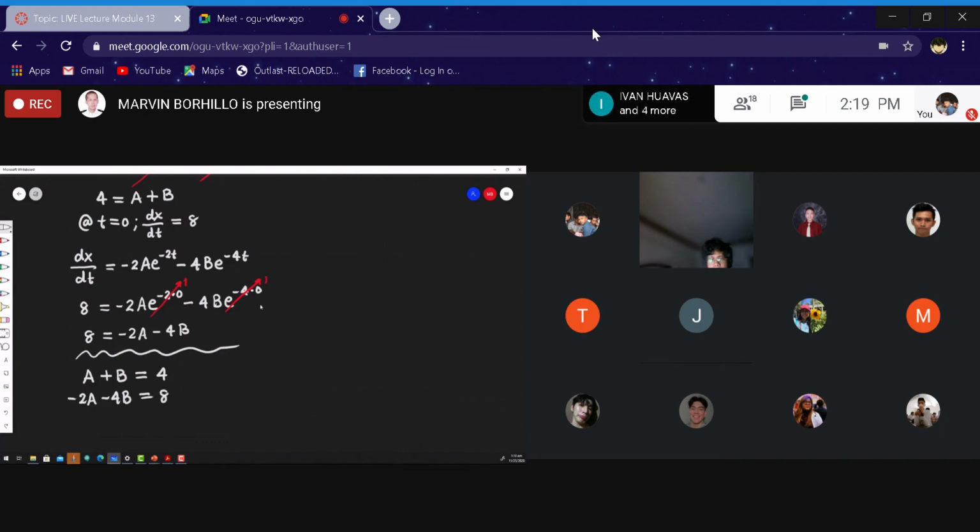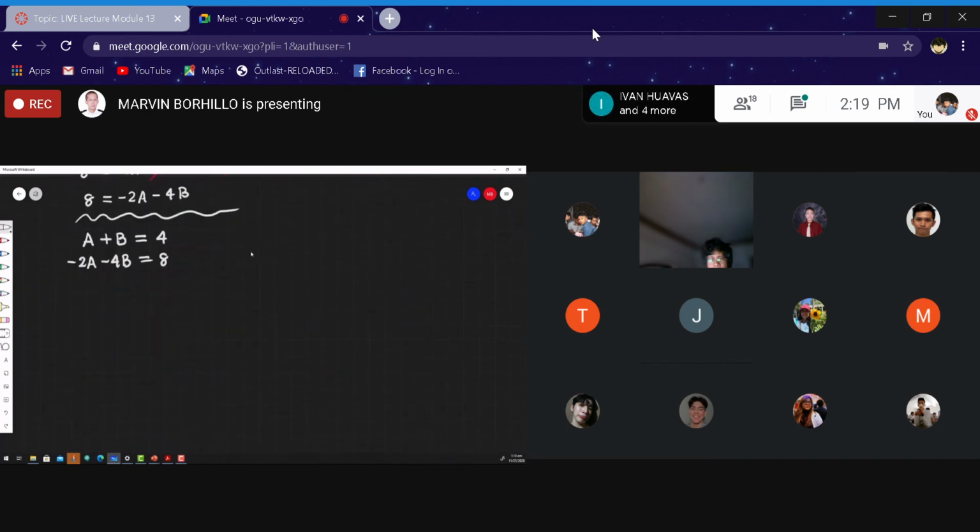You can use Cramer's rule or you can use your calculator to solve the value of A and B. And the solution will be A is equals to 12 and B is equals to negative 8.